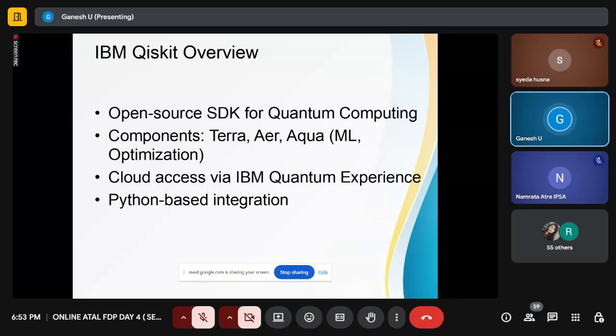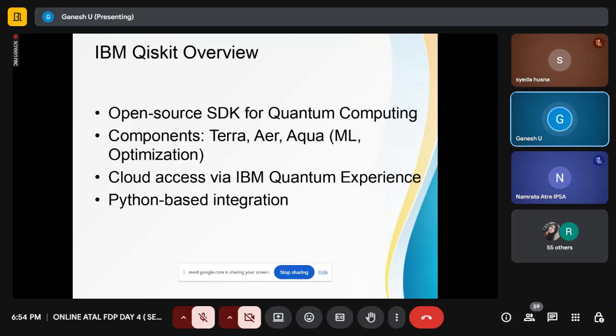The algorithms and tools once bundled with Aqua have been moved to other QSkit algorithms, such as quantum neural networks and support vector classifiers.